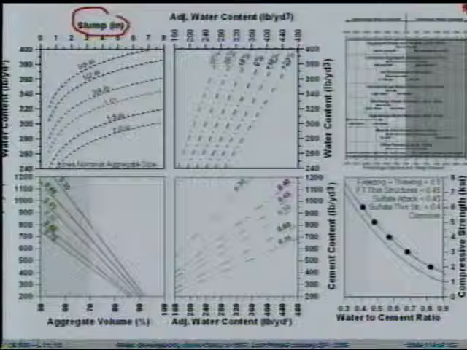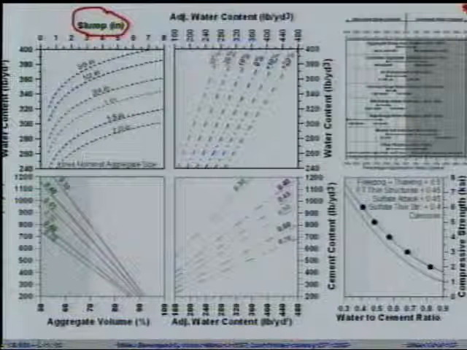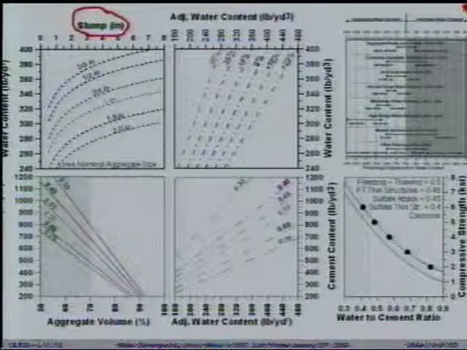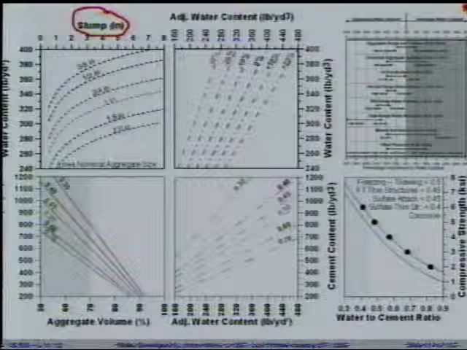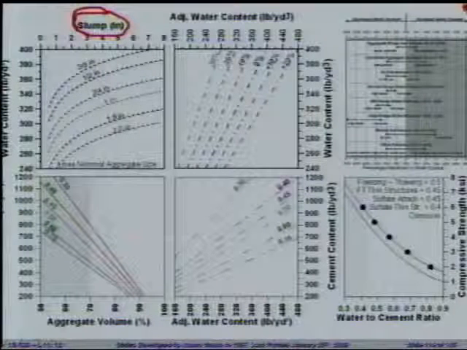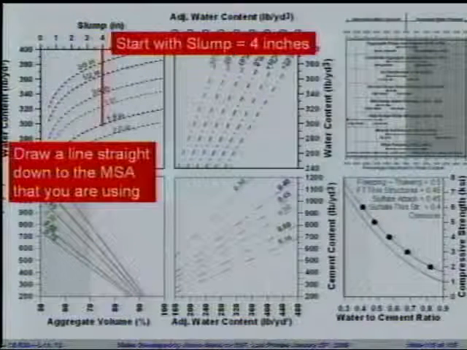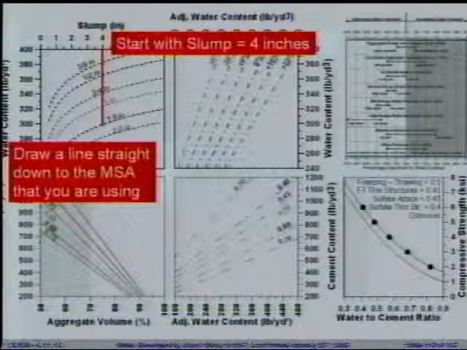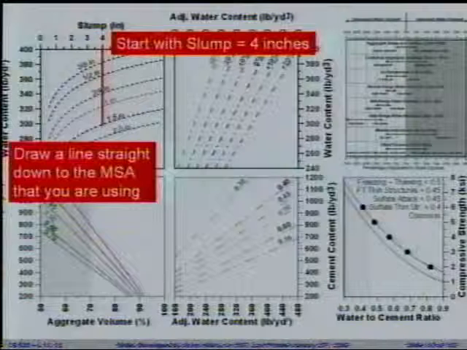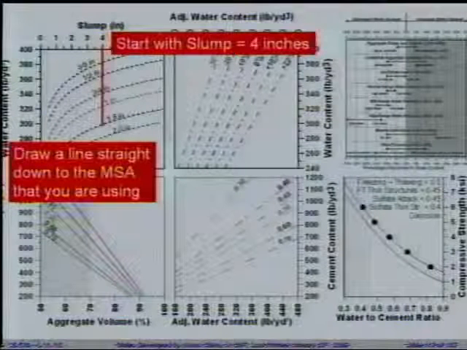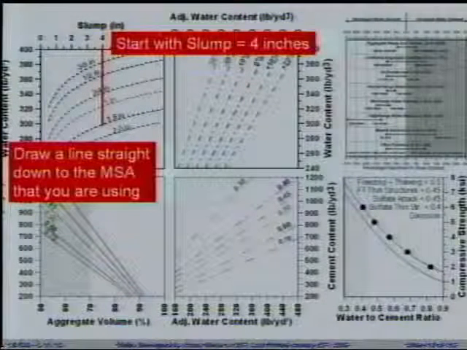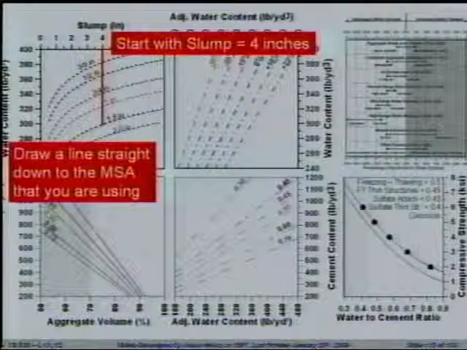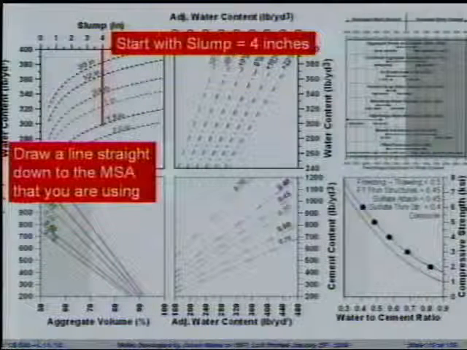So we are going to enter this nomograph on the top portion of this graph up here where we've got our slump in inches. For our particular problem, we may have a slump of 4 inches. We would draw a straight line down until we hit the maximum size aggregate curve that corresponds to 1.5 inch aggregate. So this is simply a graphical way to come up with the solution.